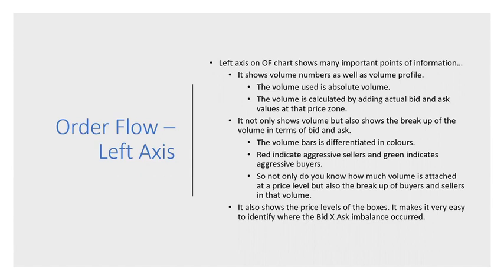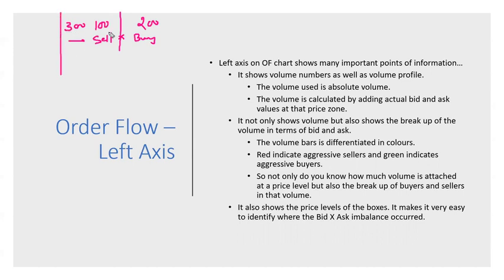I will just tell you what absolute volume is. Absolute volume is nothing but, let's say, at a particular price, a certain number of sell and buy orders are executed. So if there are 100 aggressive sell orders, we know they are plotted on the left side, and 200 aggressive buy orders, we know the total volume traded here is 300.